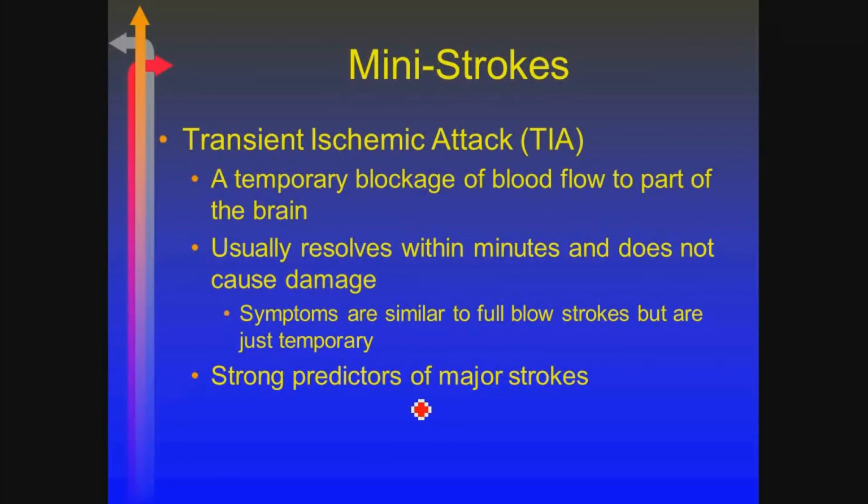During the time the TIA is happening, the person might lose, I don't want to say consciousness, but awareness of where they're at, and it's kind of in a fog, and then it comes back again. Usually there's no permanent damage, but it usually is a symptom preceding one.